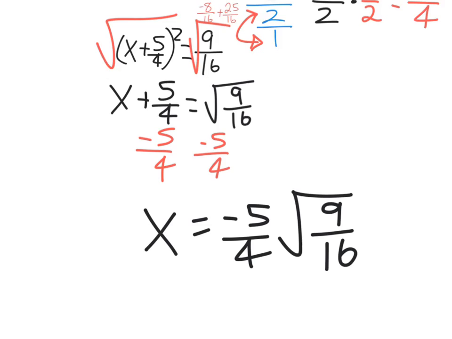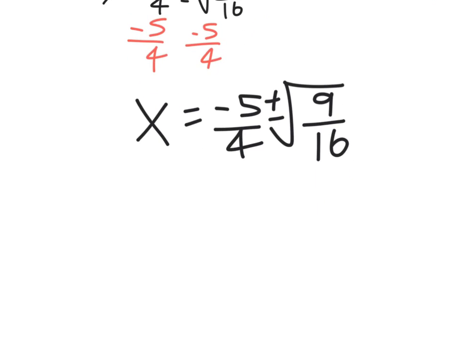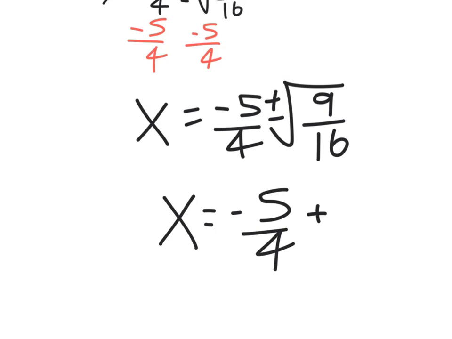Now we can actually simplify this further, right, guys? So what is the square root of 9 over 16? Well, these are both perfect squares. So we've got x equals negative 5/4 plus or minus 3/4.